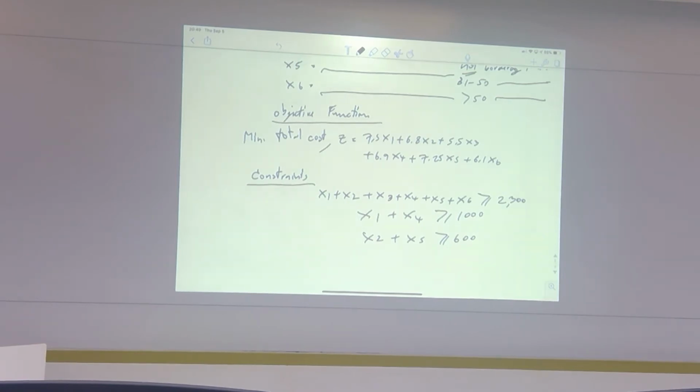Okay, and how about the last two? The fourth one is ensure that at least 15% of those surveyed live in a state that borders Mexico. So how can we write out this constraint?